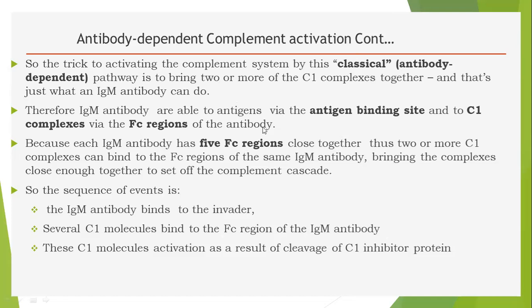Okay, so this is basically what I described here, where the IgM molecule is able to bind antigens via the antigen binding site, and also the C1 complex, which binds to the Fc region, the constant region of the antibody. We've got 5 constant regions, and then 10 antigen binding regions on the IgM molecule.